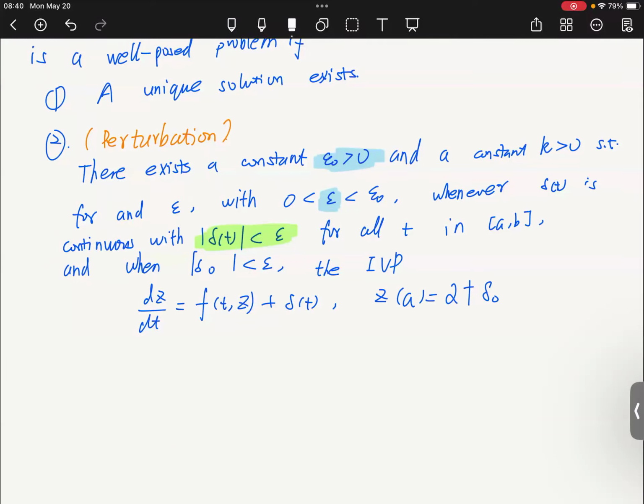So if the perturbation is small, then we can see that the error between z and the true solution y is also small.